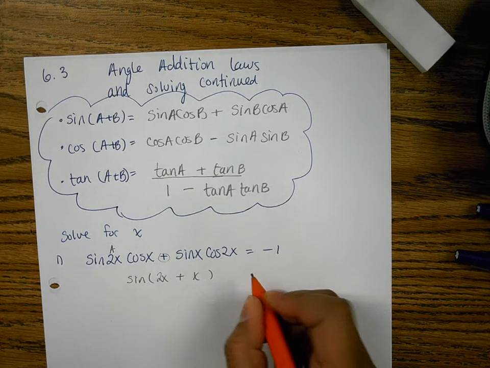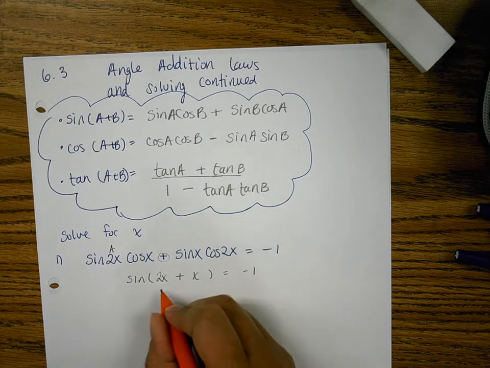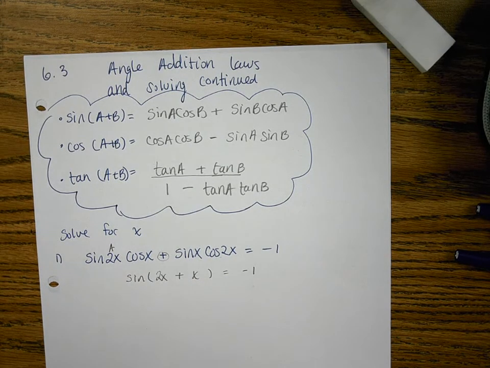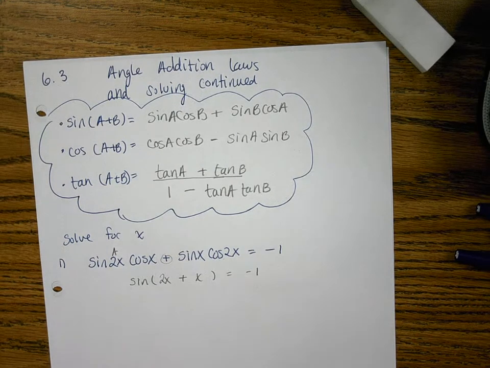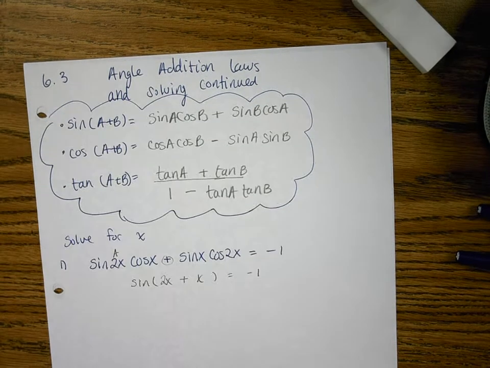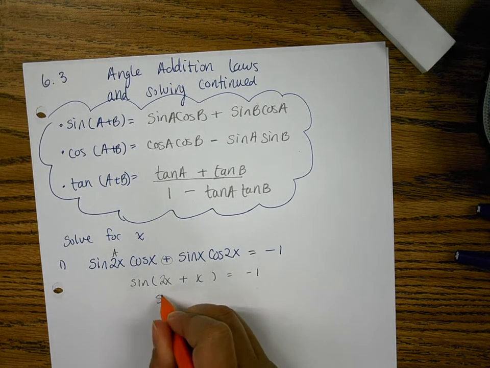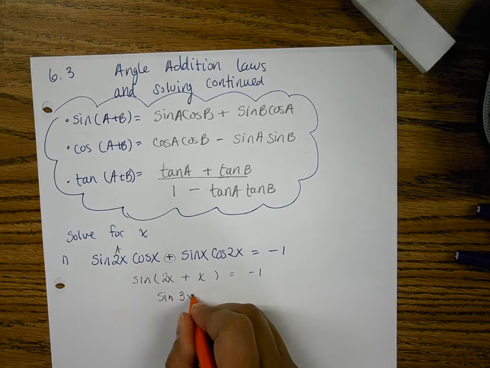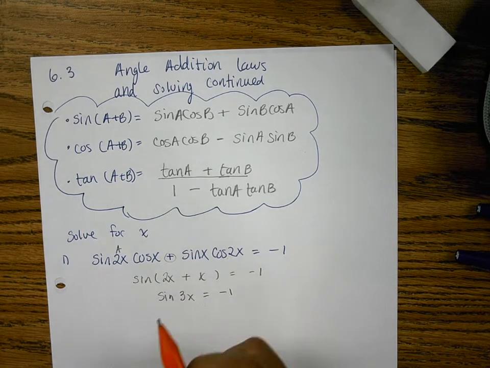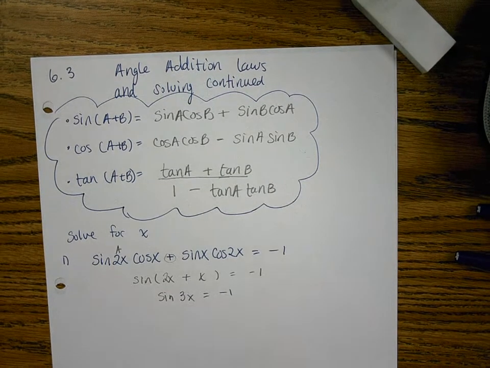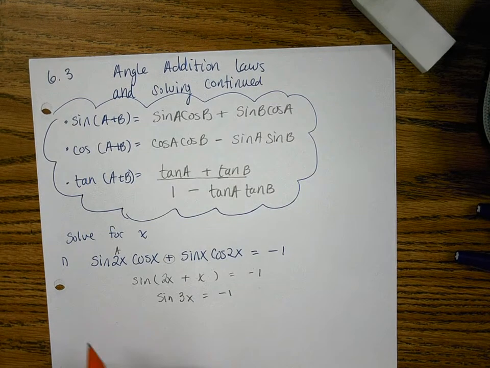Sine of A and same sign plus B. Remembering A is always with your first sign, so sine of 2x plus x. Now technically it wouldn't matter which one you put as A and B because it's a plus sign, but if it was a minus you would have to be careful. Okay, so now we can combine and we get sine of 3x equals -1.